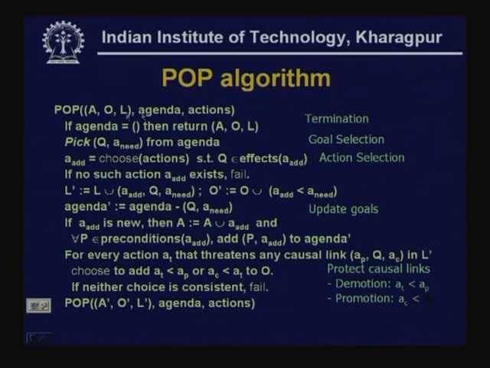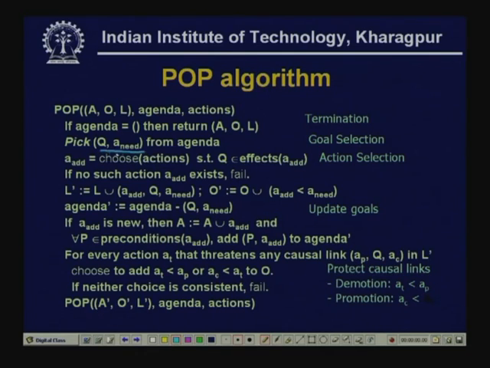So, this is the same algorithm written in a short fashion. Initially, we are given a partial order planning problem comprising AOL, agenda and actions. If agenda is empty initially, then we return the current plan AOL. Otherwise, we pick Q, A need from agenda. Q is an open precondition of A need.